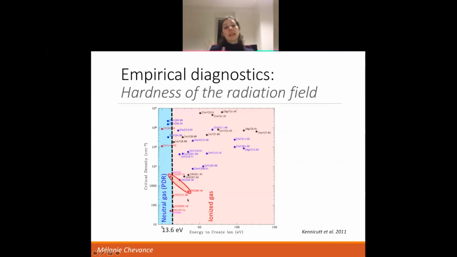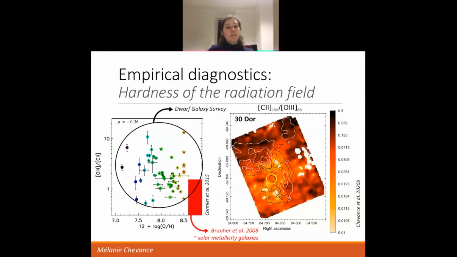But we can also look at it along the more horizontal axis here and probe the hardness of the radiation field by using the ratio C2 over O3. And we've known already for quite some years that the ratio O3 over C2 is much higher in dwarf galaxies, so at low metallicities, these are the color points here, compared to more solar metallicity galaxies.